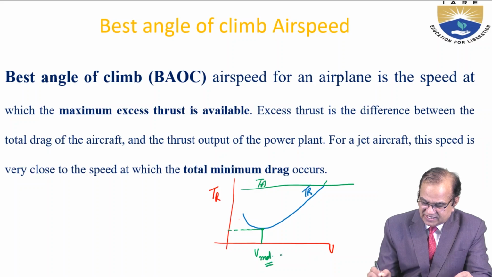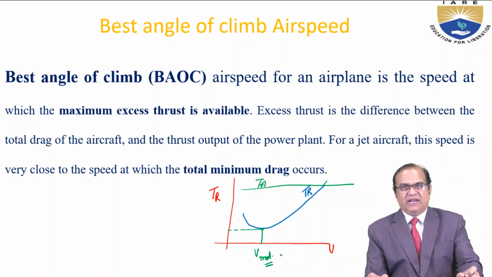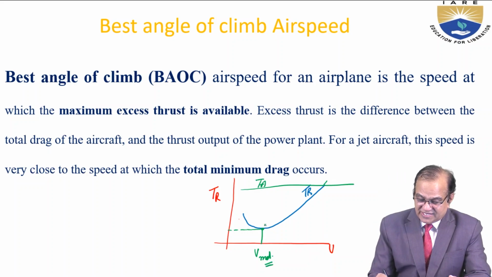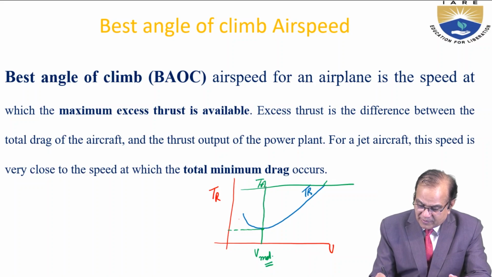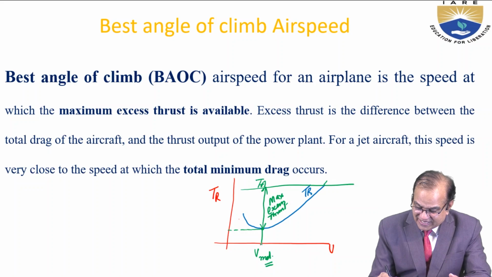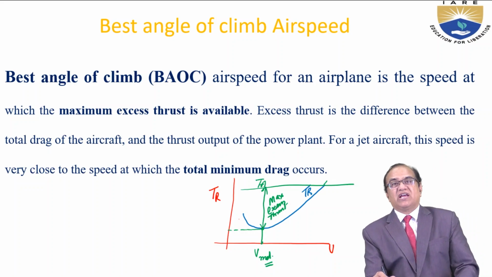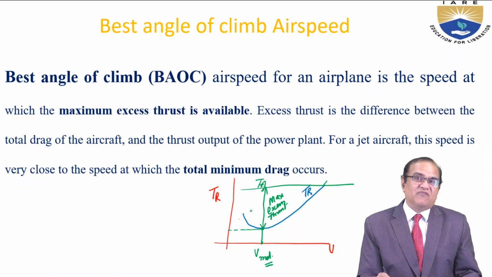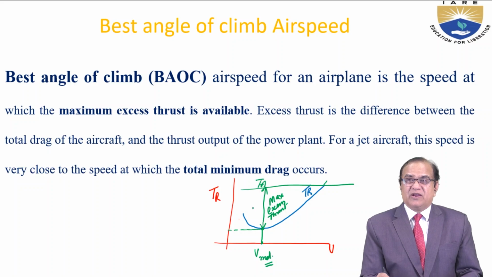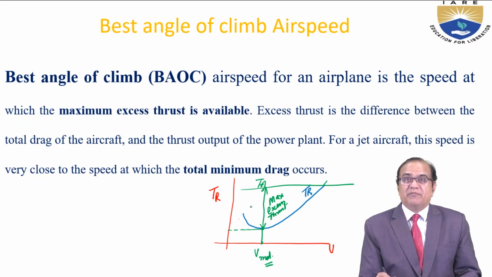That we will be discussing in the next classes. So here is the minimum drag, and here you have the maximum excess thrust. If you fly at this speed, you will get the best angle of climb. Airspeed for an airplane is the speed at which the maximum excess thrust is available.